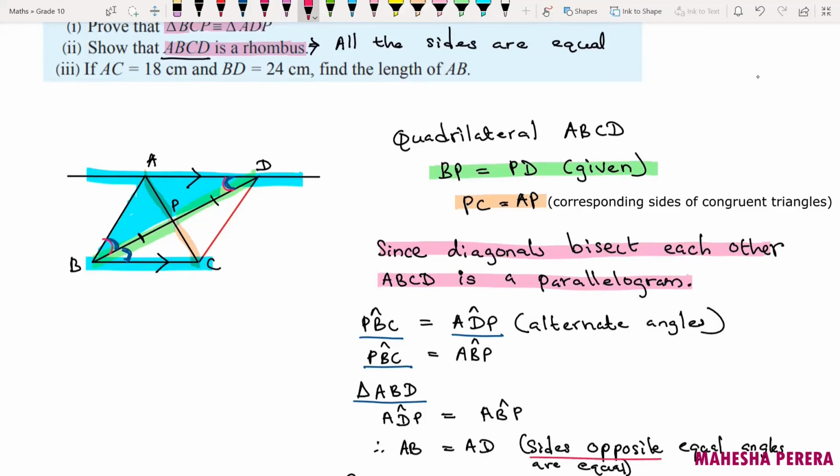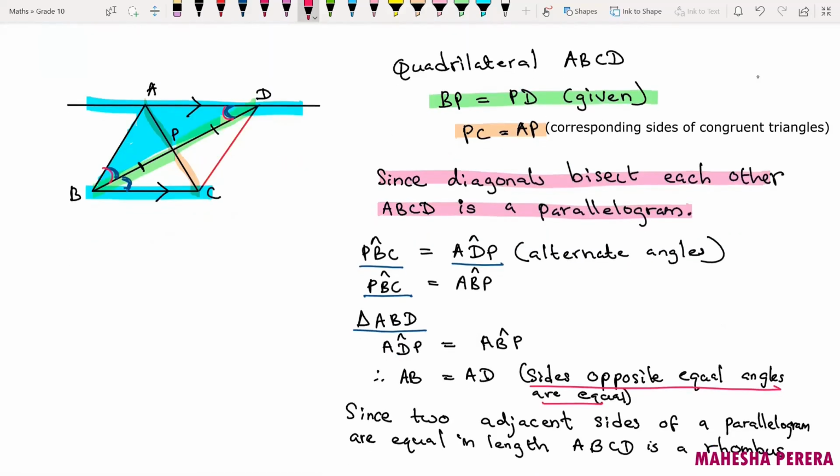Sides opposite equal angles are equal, right? So you can write saying this ADP angle equals ABP. That means these angles, right? So therefore, AB, this side, equals AD, this side, right? Because sides opposite equal angles are equal. So this is converse theorem of isosceles triangles.